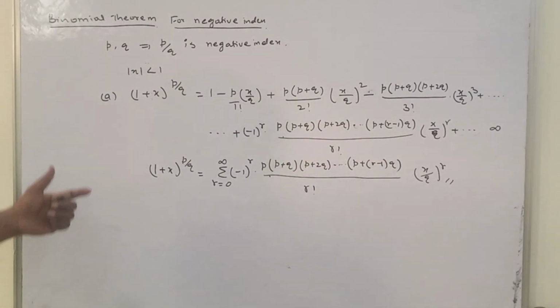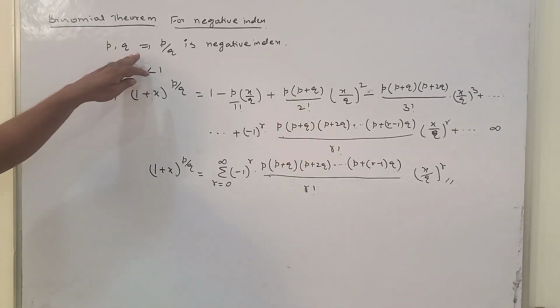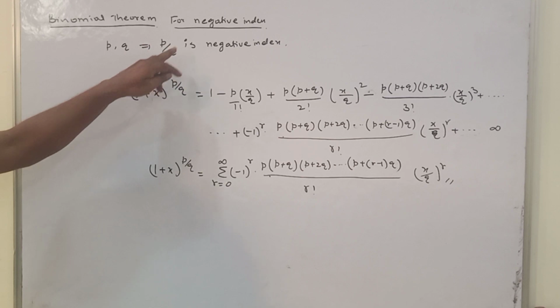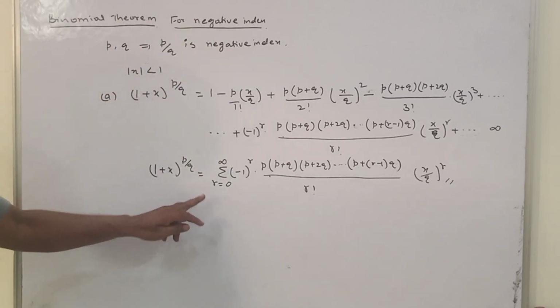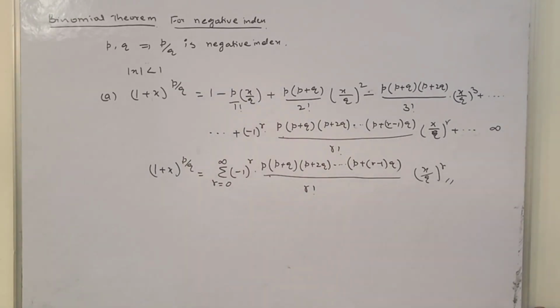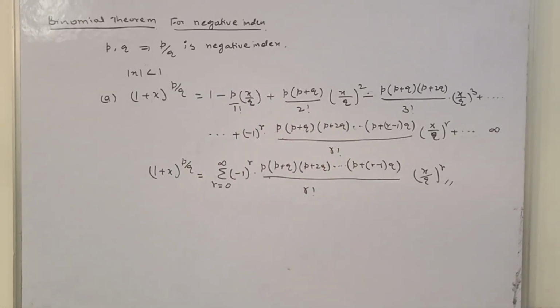This is one of the results. If p, q, p by q is a negative index, mod x is less than 1, this result holds. Okay, all of you, that's all.